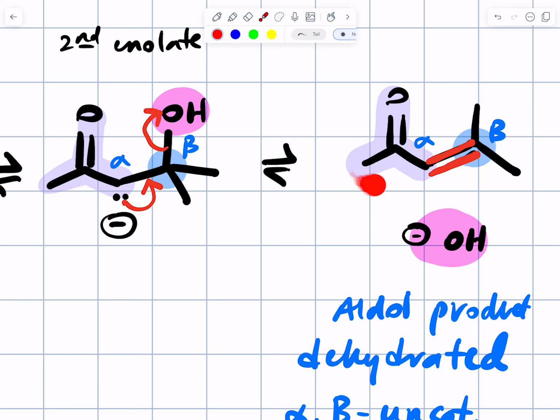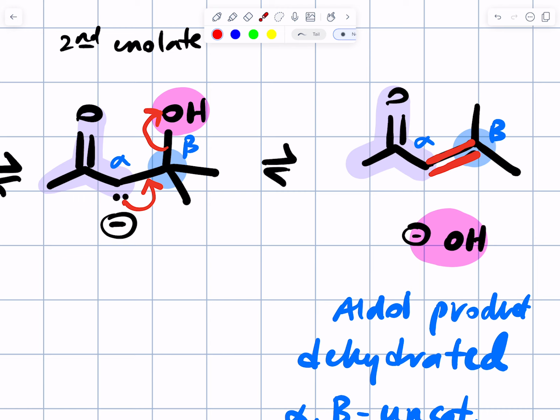And the purple portion was the nucleophile, the enolate, and then the blue carbon was the electrophile, the carbonyl carbon. You can tell whether it was an aldehyde or a ketone by looking at the two other things that are attached to the beta carbon.